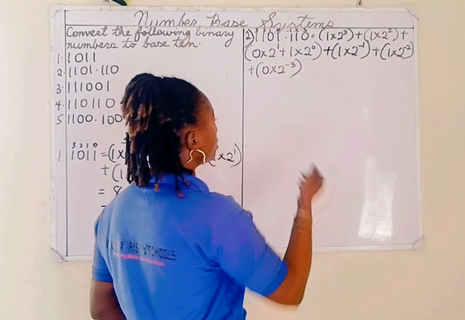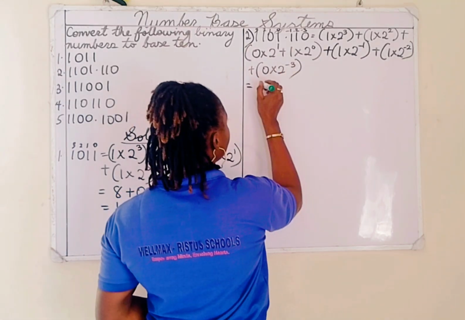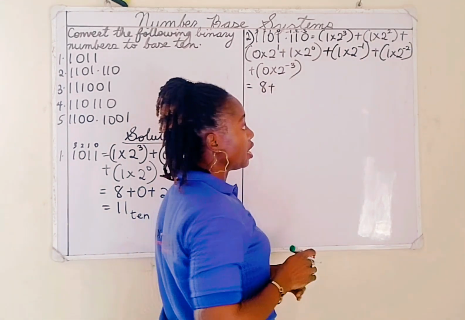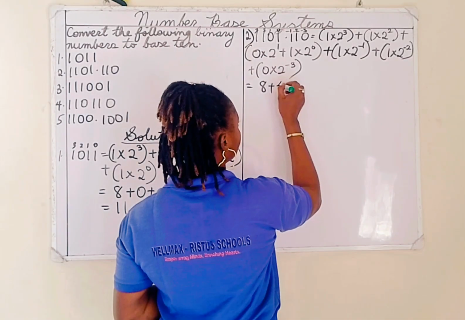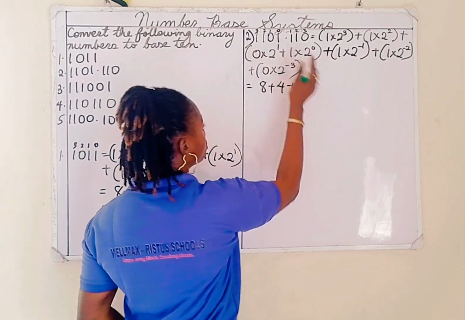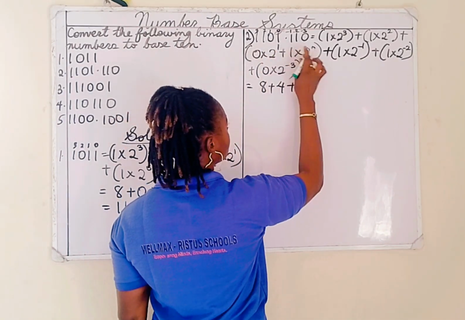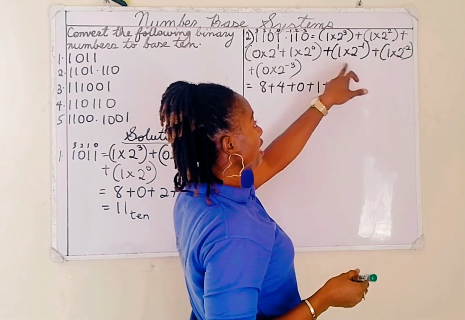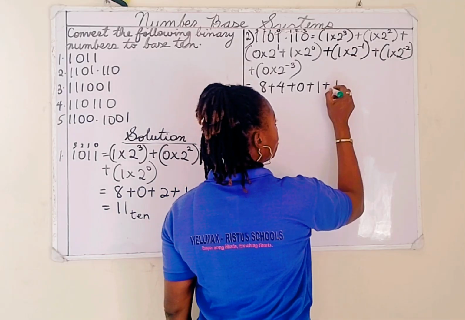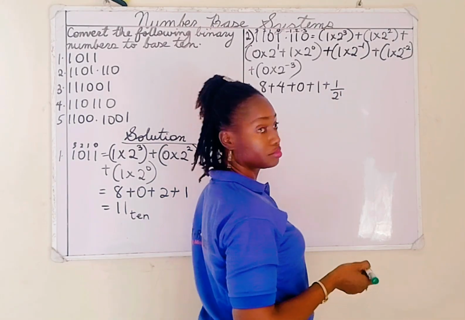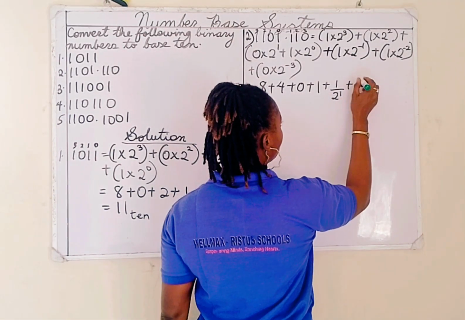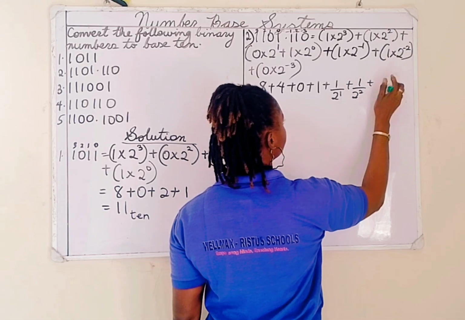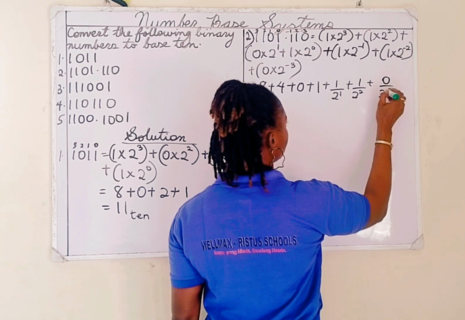Okay? So now, from the first one, we have what? 8. 2 to the power of 3 is 8 plus 2 to the power of 2 times 1 is 4 plus 0 times 2 is 0. 1 times 1 is 1 plus, now this is same thing as saying 1 over 2 to the power of 1, right? Plus 1 over 2 to the power of 2 plus 0 over 2 to the power of 3.